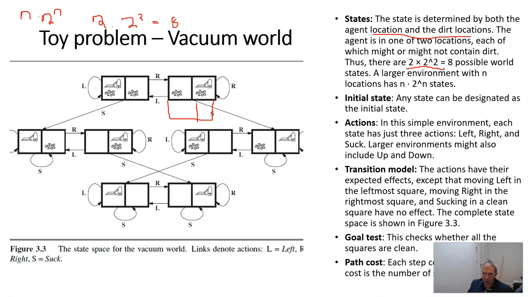But we're abstracting away from that in terms of trying to identify a search-based approach for solving the problem. Goal test: this checks whether all the squares are clean. And path cost: each step costs 1, so the path cost is the number of steps in the path.